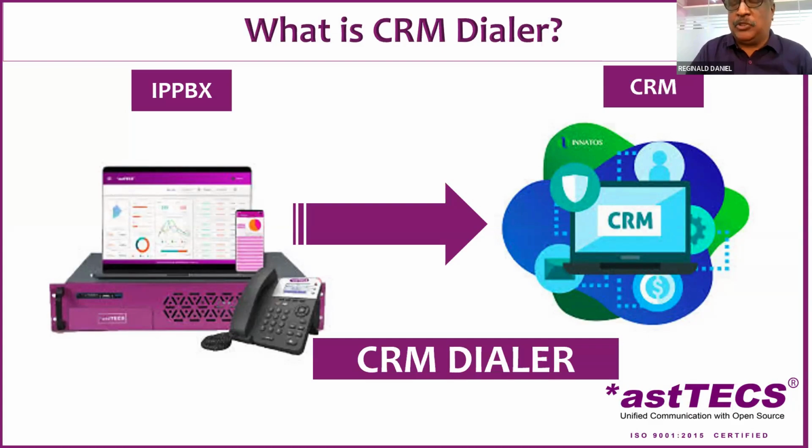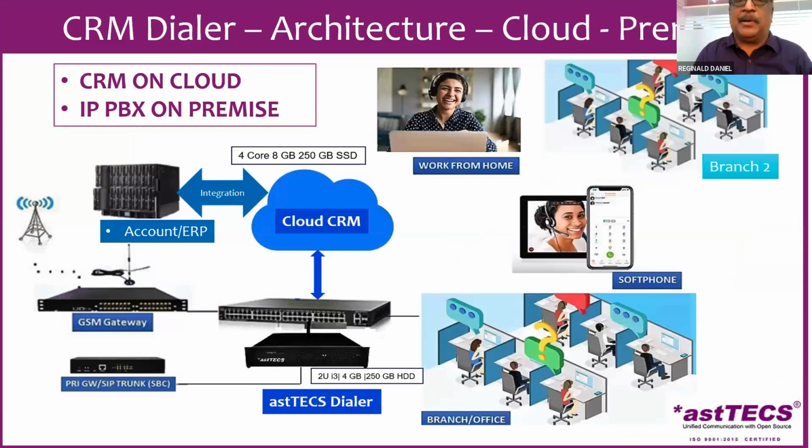Primarily you have two software running on two hardware, and these need to be connected with a suitable architecture. This is one of the recommended architectures of a CRM Dialer. You can have your IPPBX in your office and the CRM on the cloud, and both can be integrated through the internet through a static IP. This is one kind of architecture.